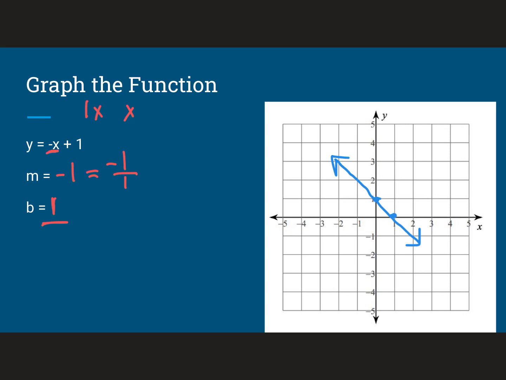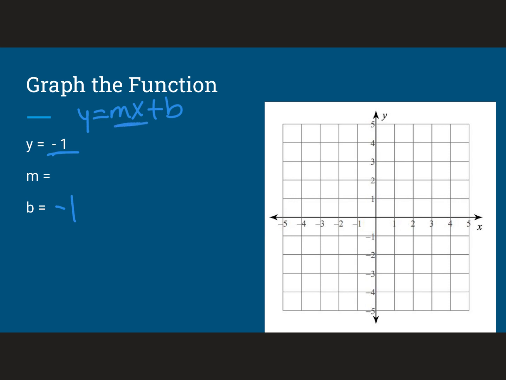Okay, so look at some other different ones. Oh, let's look at this one. Y equals negative 1. There's no x here. So if this was written as y equals mx plus b, that negative 1 is our b. So I'll put that there. But what's there multiplied with my x? I don't even see an x.